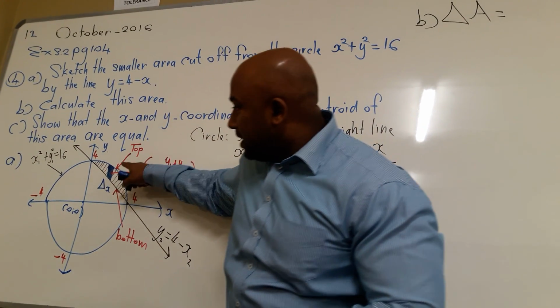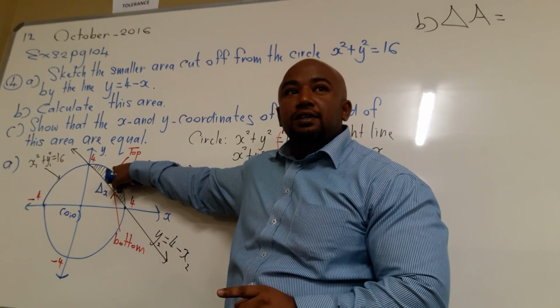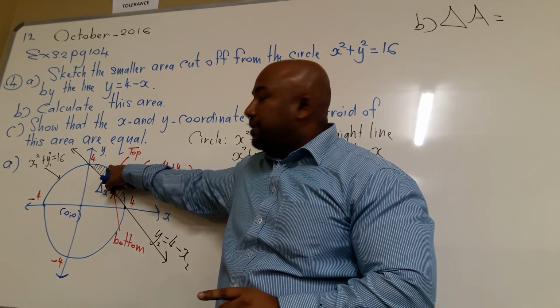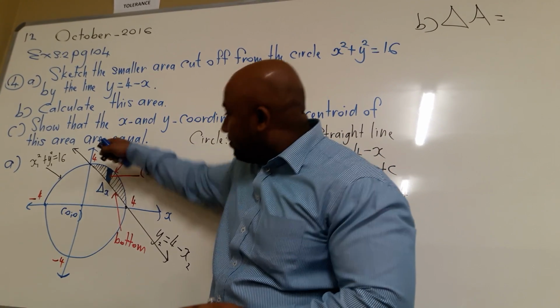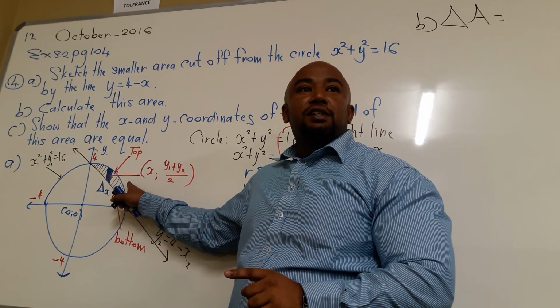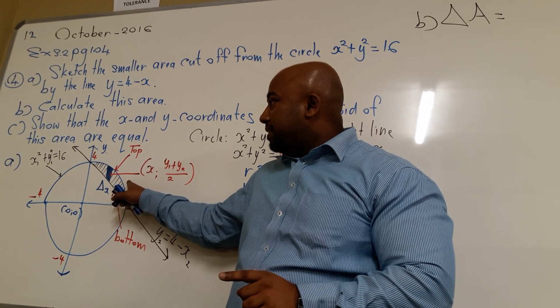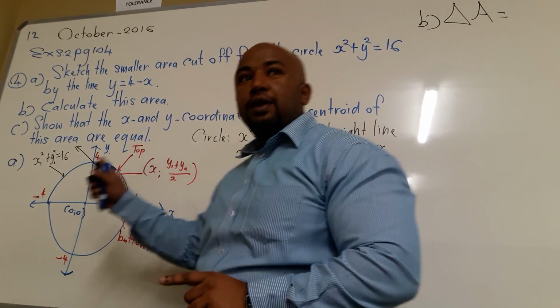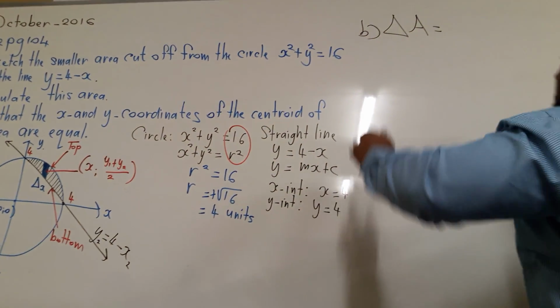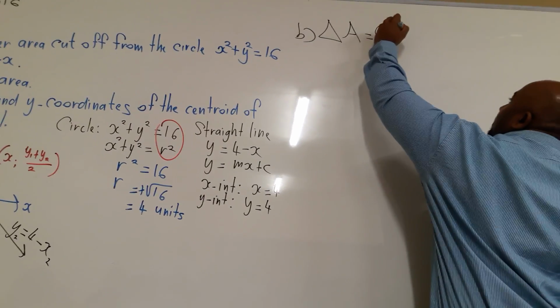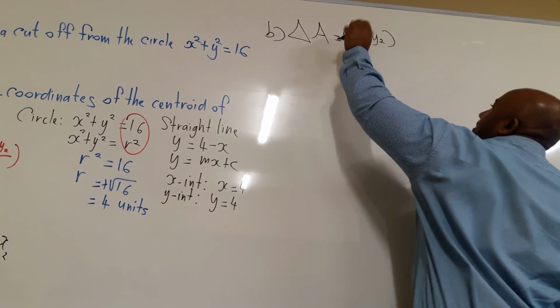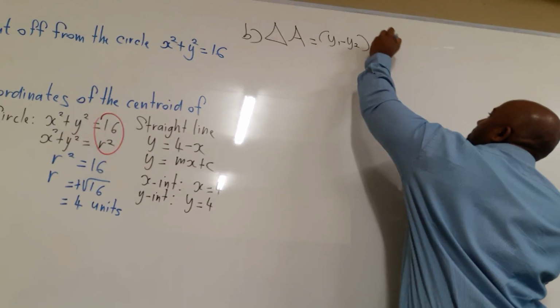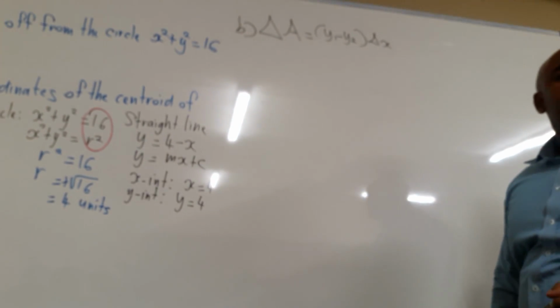So, it's clear that at this point, y will be greater, so this is the top graph. So the top graph is the circle. What did we label the circle as? y1 or y2? y1. So we're going with top, which is y1. So it's going to be y1 minus y2. That's your length times the breadth there, which is delta x.